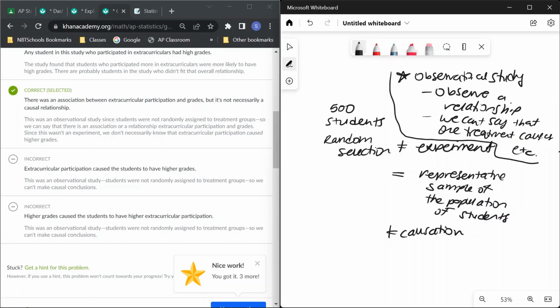We can't mention the word cause. Just don't mention the word cause if it's an observational study.